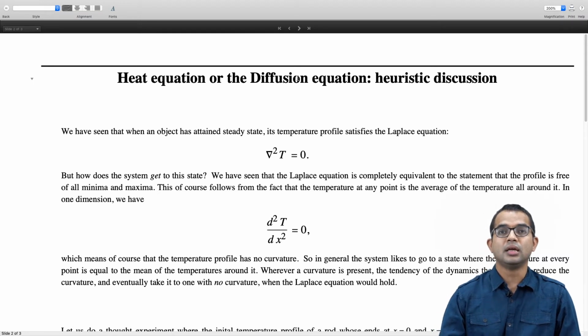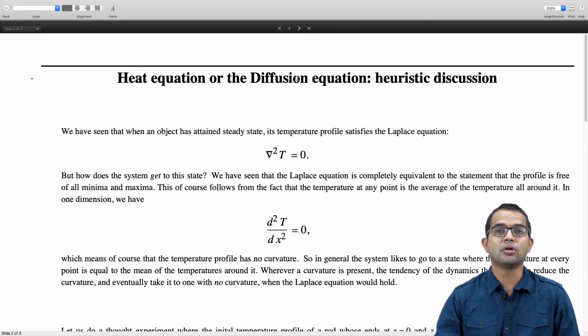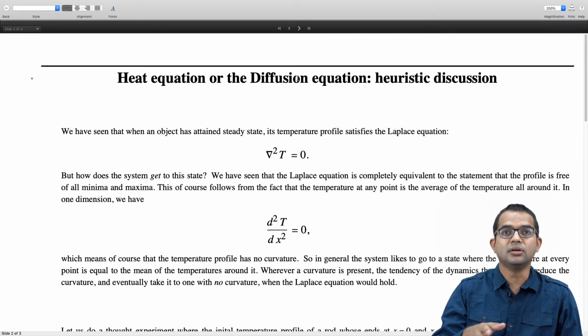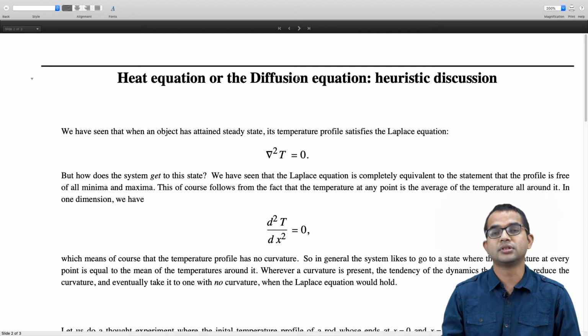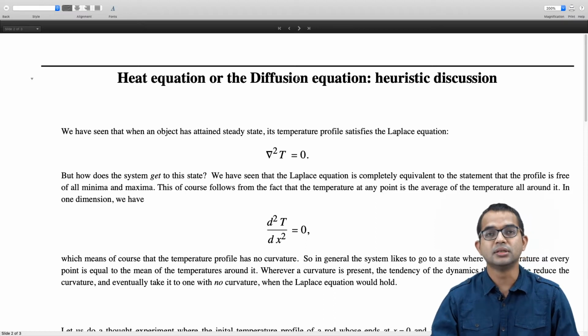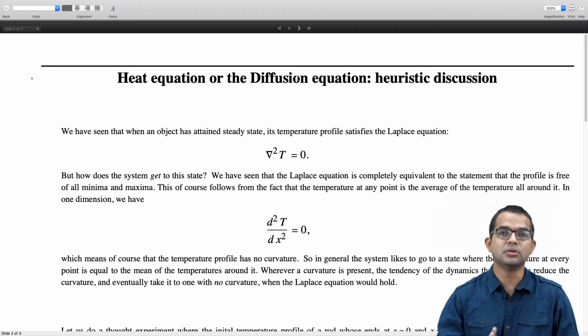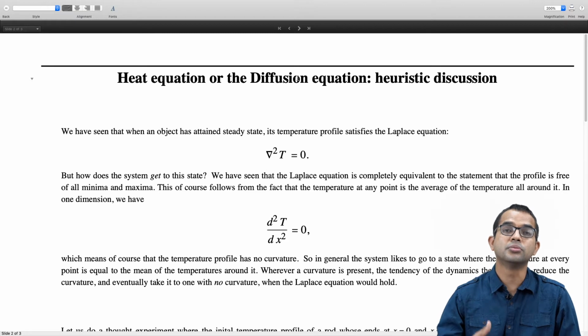So if any point is a local minimum or a local maximum, then for sure you cannot get the value of that function by taking the mean of all neighboring points, right? If it's a maximum, then the mean is necessarily going to be less than that value, and likewise, if you're at a minimum, the mean is going to be greater than that, right?